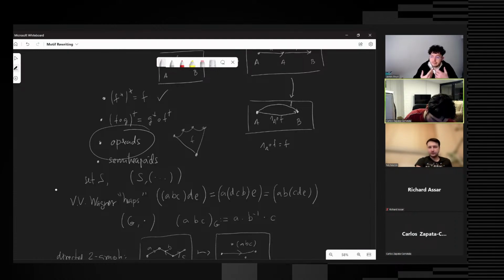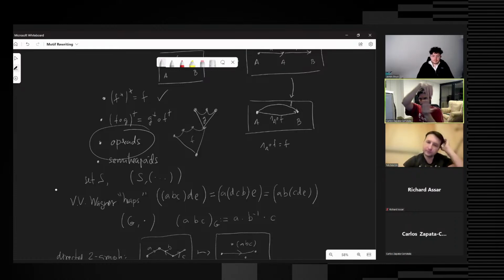And so operads can be composed, as you can imagine, in this kind of way, right? If I have F and G, F is 4 to 1, G is 3 to 1. You can compose them in different ways, right? I can put G in 4 different positions, and I can put F in the different positions of G, and so on, right? And so the idea is that operads have some associativity property that tells you that if you do this before or this before, it doesn't really matter.